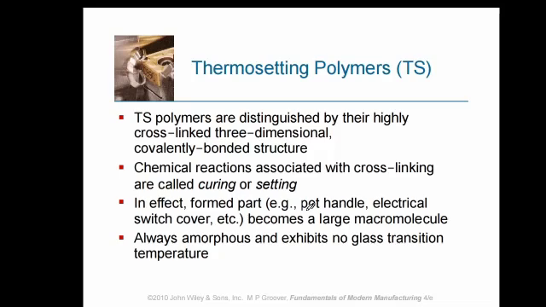So thermosets are made using curing or setting process. They are cured, or they are thermoset. Common examples include pot handles, electrical switch covers, etc. And the structure of thermosets is always amorphous. There is no crystallinity and no glass transition temperature.